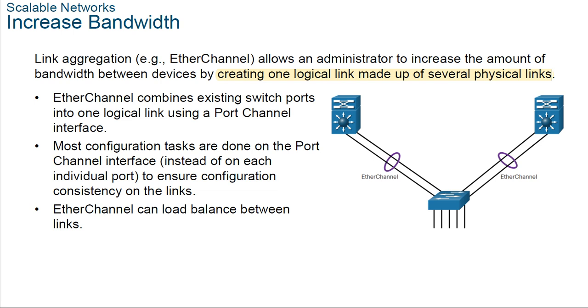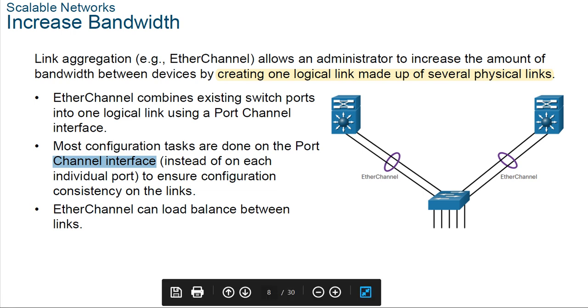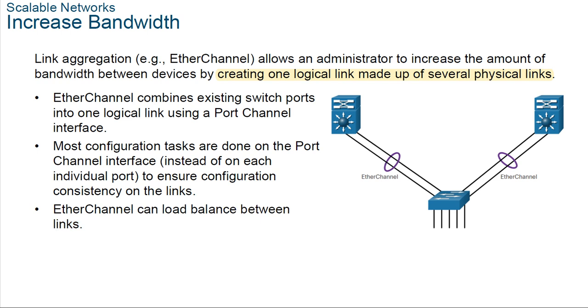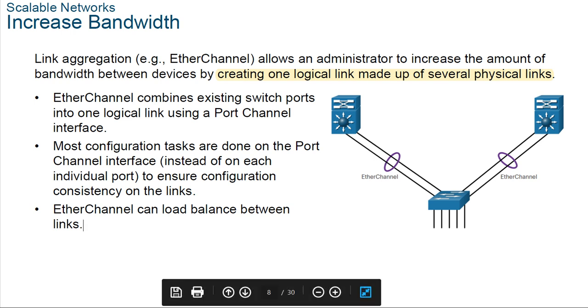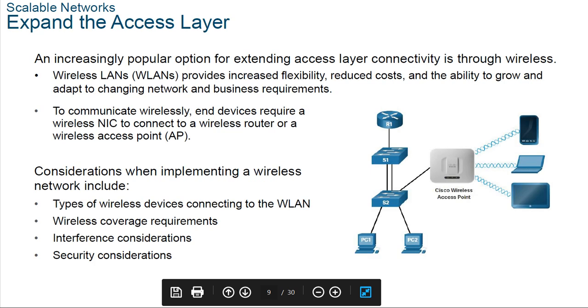So the user just uses the channel interface, that means the logical one, to ensure configuration consistency on the link. The channel can also load balance between the links. For example, with a 600 megabit per second load, they will share the workload together across the 8 ports.